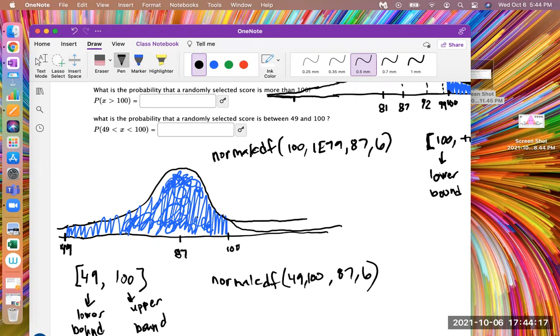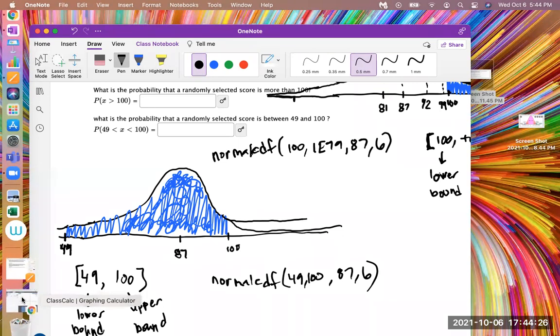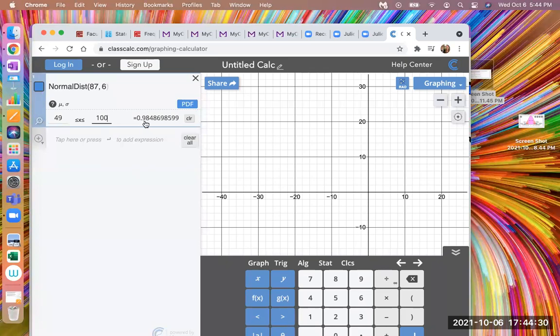Usually I just draw in 1 standard deviation, and that gives me a pretty accurate picture of what it looks like. Anyways, that is my answer. The probability that a score will be between 49 and 100 is 0.98.